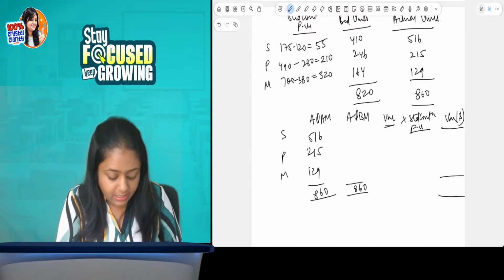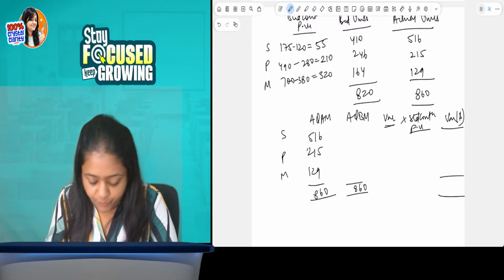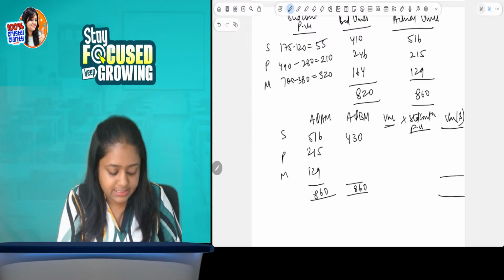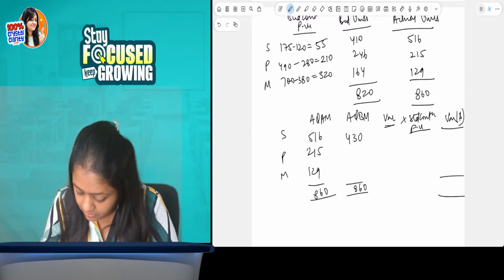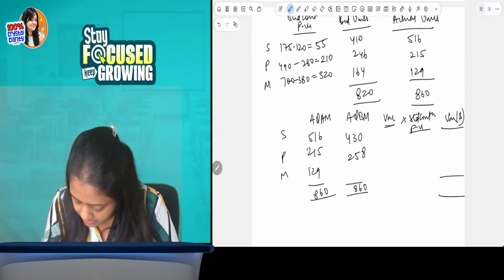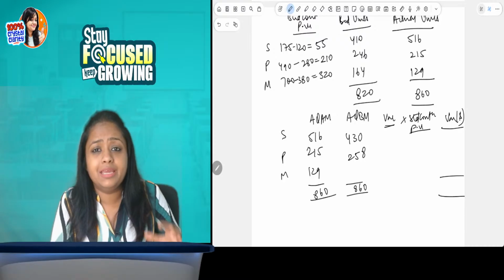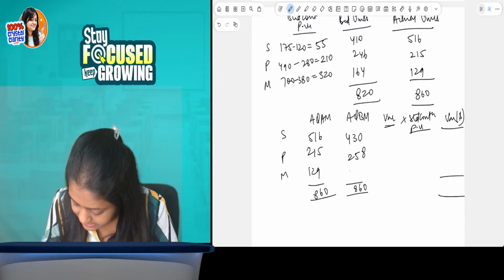I get here 430. Likewise, do the next one, 246 divided by 820 multiplied by 860, and I get here 258. The third one, 164 divided by 820 and multiplied with 860, and I get here 172.